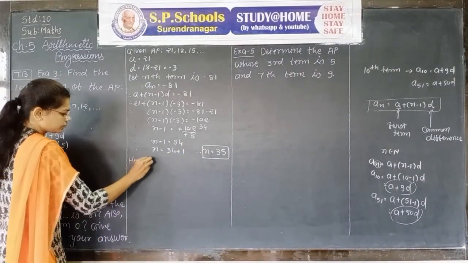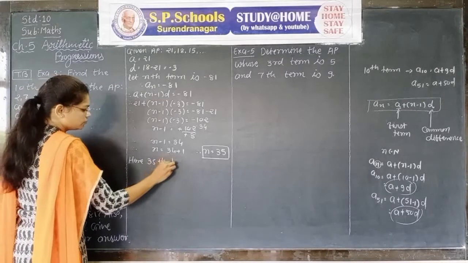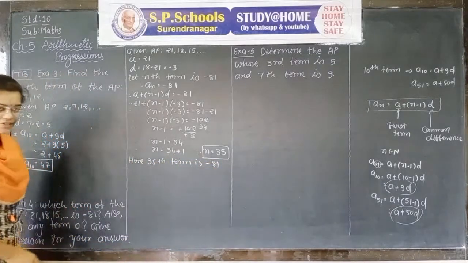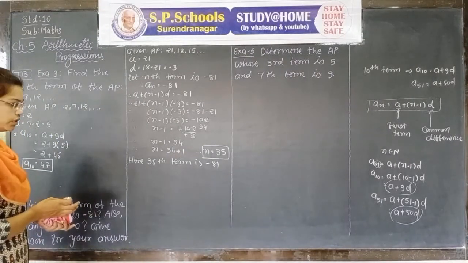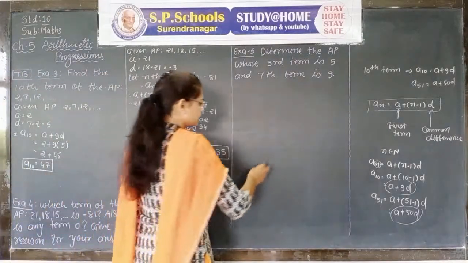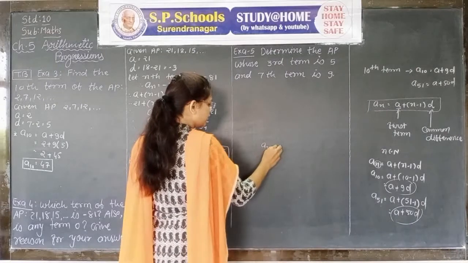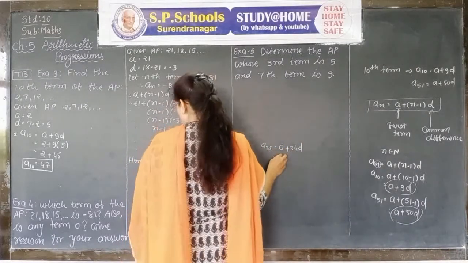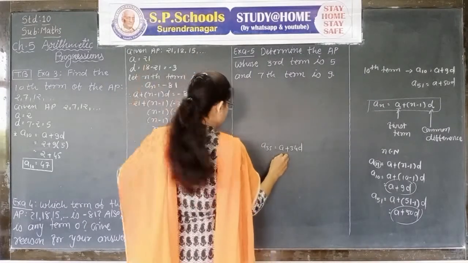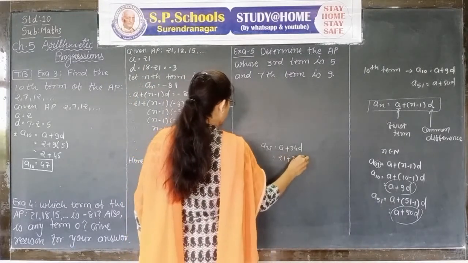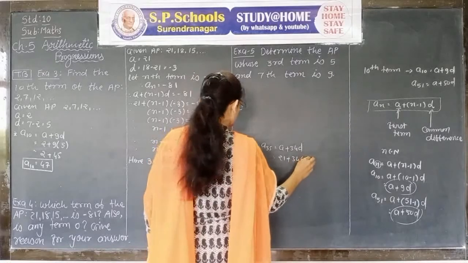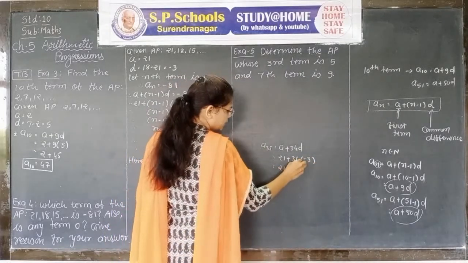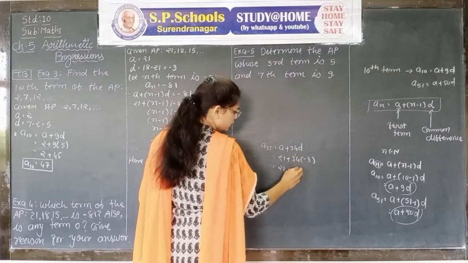The 35th term is minus 81. To verify whether it is correct or not, find the 35th term. The 35th term, a35, is equals to a plus 34 into d, where the first term a is equals to 21, plus 34, and the common difference d is equals to minus 3. 21 as it is, minus 102.